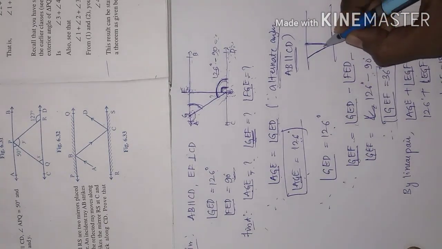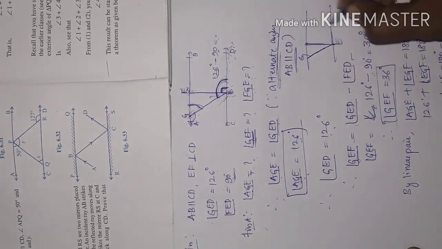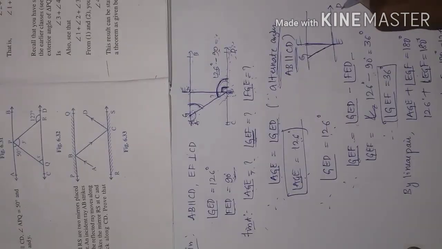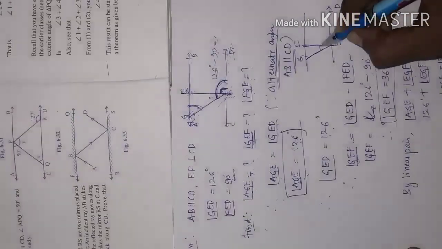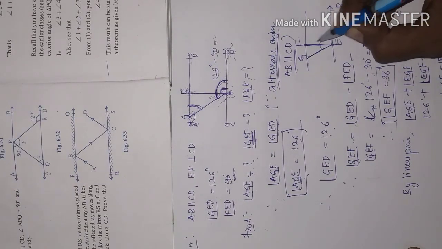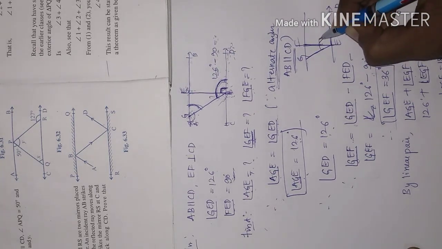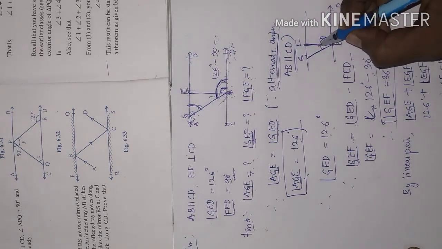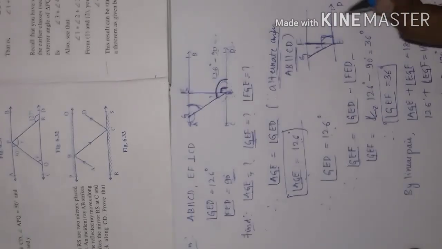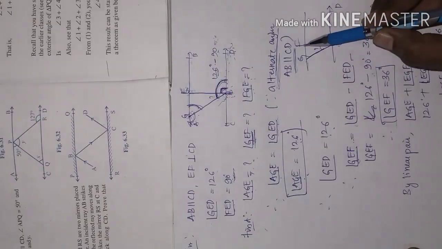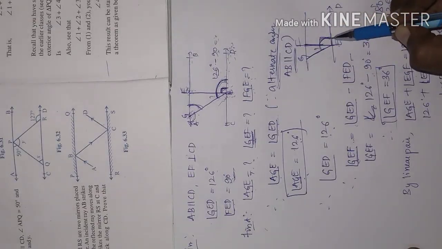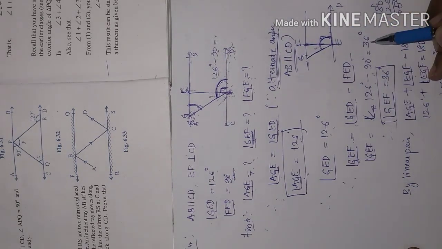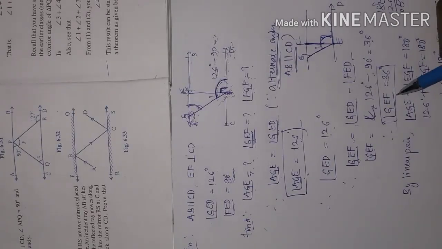This is how the diagram is. So this is G, E, F, and this is D. GED minus FED, I will subtract this. What is the remaining? This part is remaining. So GEF is equal to GED minus FED, which is 36. So angle GEF is equal to 36.